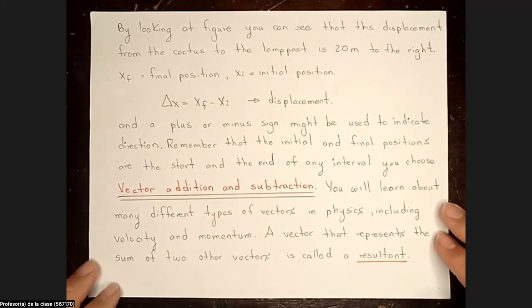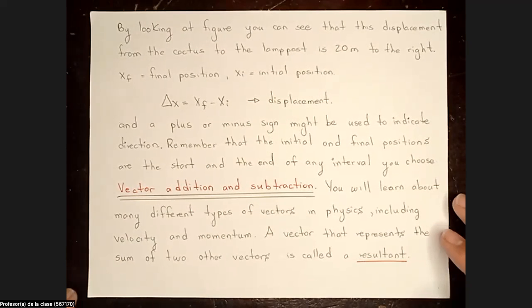By looking at the figure, you can see that this displacement from the cactus to the lamppost is 20 meters to the right. So final x is the final position, and initial x is the initial position, and delta x will be final minus initial.